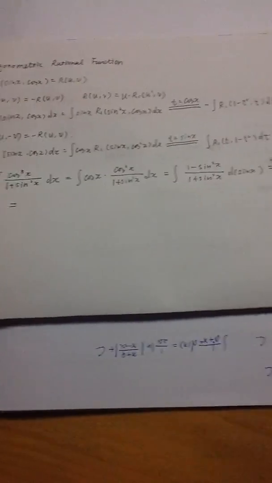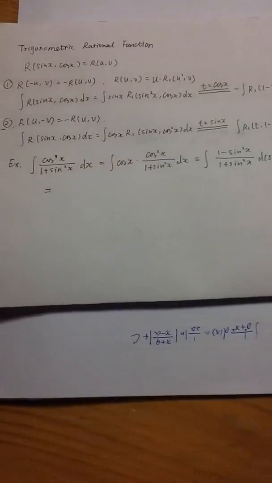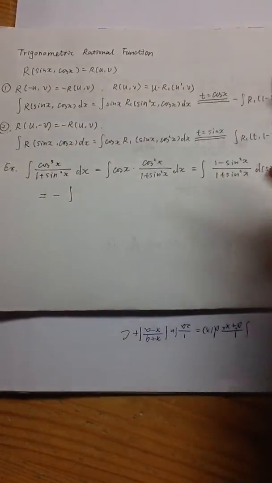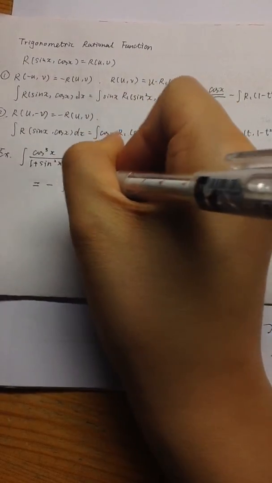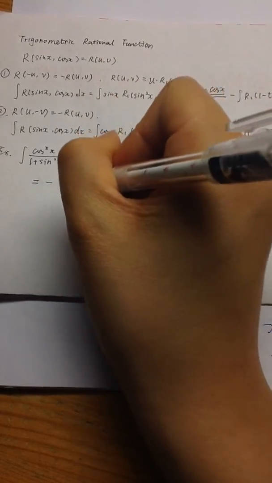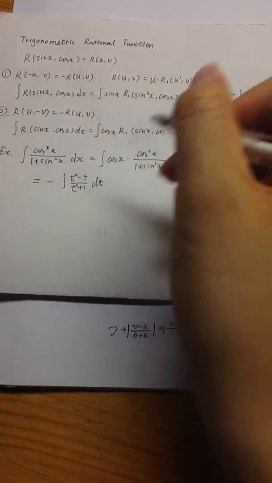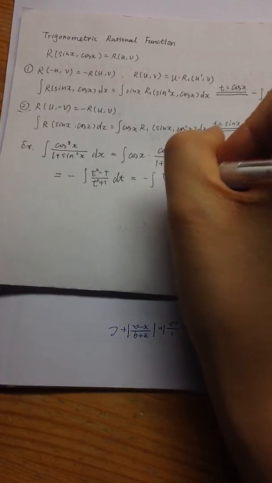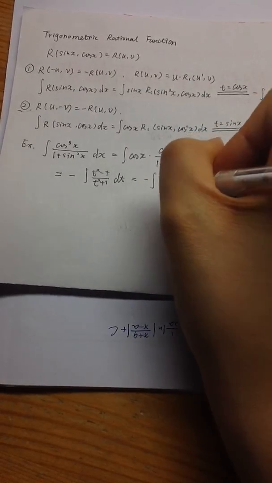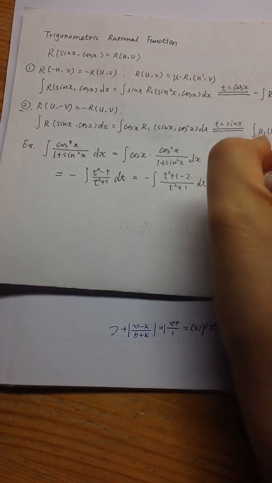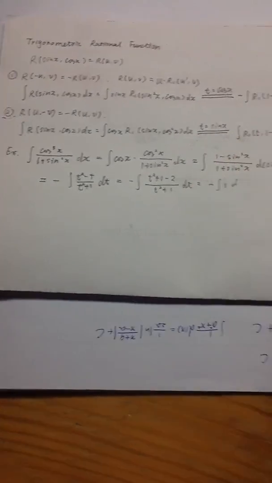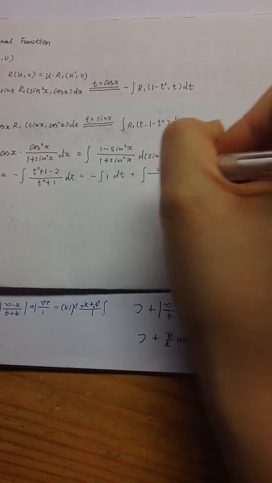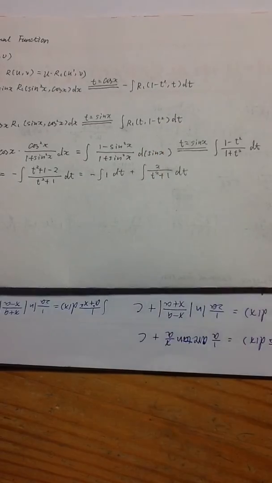So now we have the integral dt. I'd like to separate the upper part, like this.